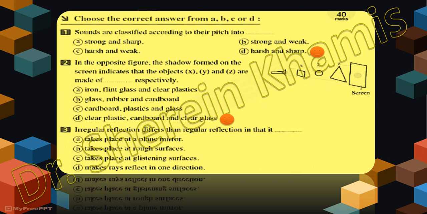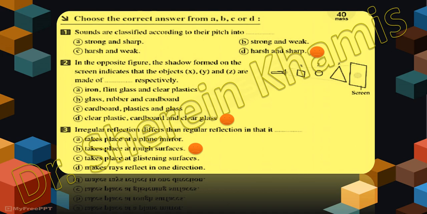All of these belong to mirrors except one: takes place on a rough surface. So irregular reflection differs from regular in that it takes place at a rough surface.